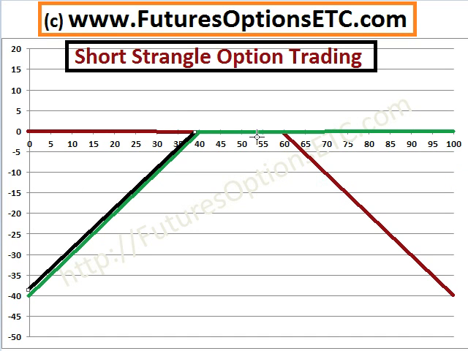Then between 40 and 60, both these graphs are 0. So 0 plus 0 will give me the same 0. And above 60, this green graph is 0 and the brown graph is slanting downwards. So slant downwards plus 0 will give me same slant downwards. So this is how I'm arriving at the net payoff function for this short strangle option trading.